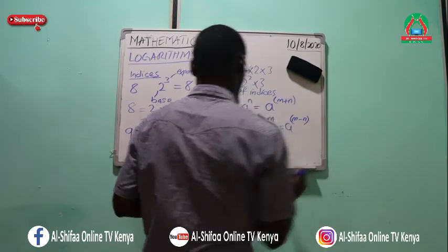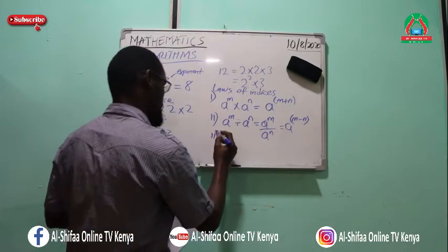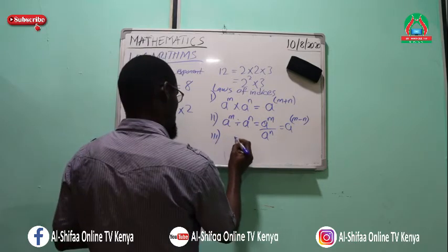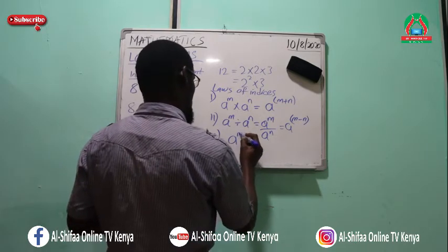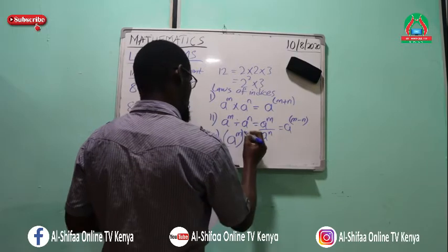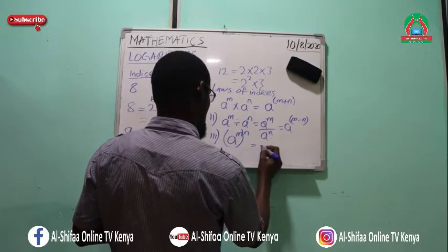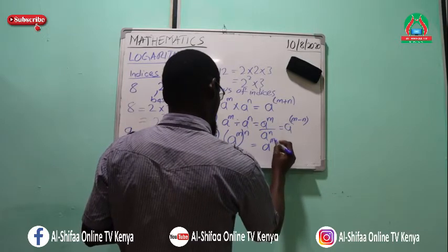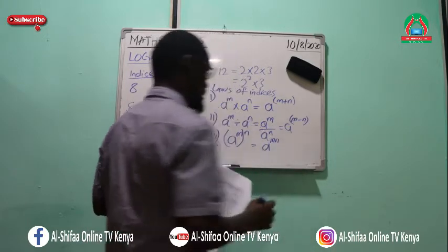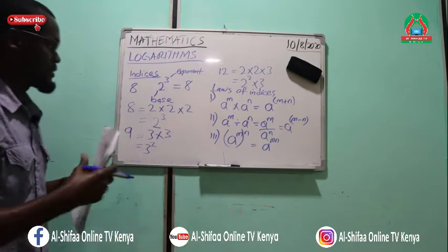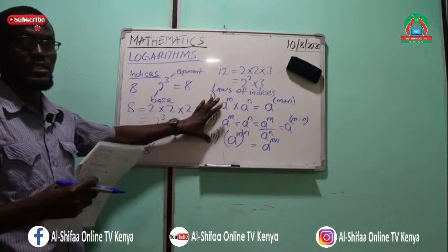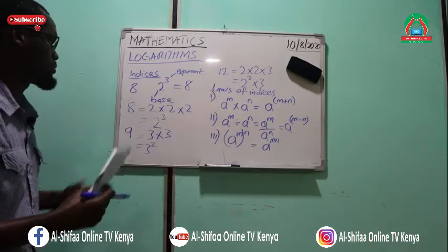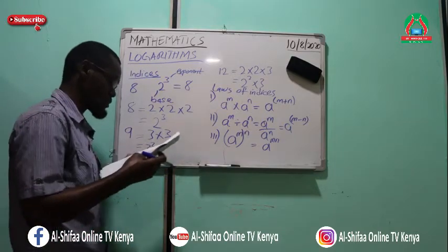Then thirdly, given a power m, all power n, this is equivalent to a power m multiplied by n. So having these in mind, it will become easy for you when we enter into logarithms.